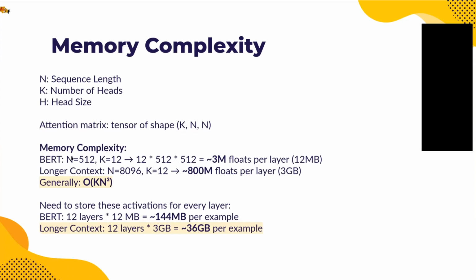But just for some quick back of the envelope math, we're going to have to store 12 by 512 by 512 floating point values, about 3 million floating point values for vanilla BERT, or about 12 megabytes of activations. When we scale up to longer context, this becomes 3 gigabytes, or 800 million floats per layer. So if we were to have 12 layers of these sample networks, we would need about 144 megabytes per example for BERT. And for the longer context setting, we need about 36 gigabytes per example. So already it's pretty clear why we have a problem.